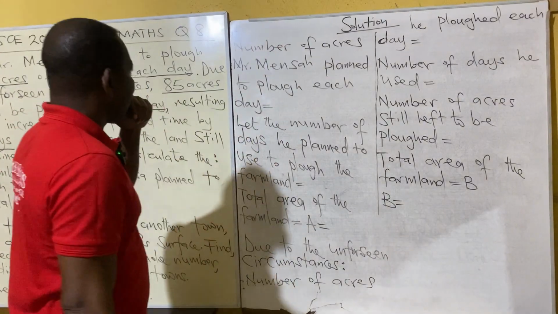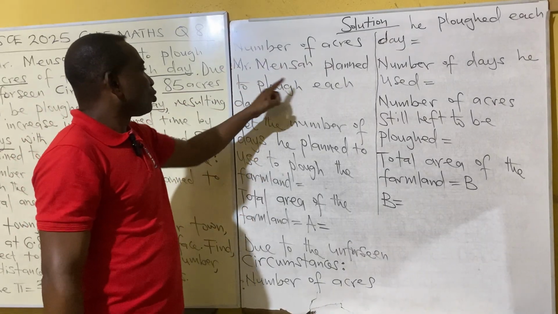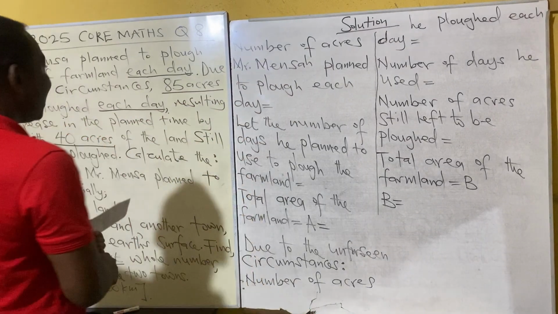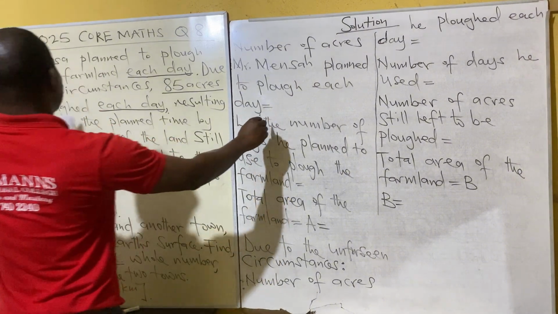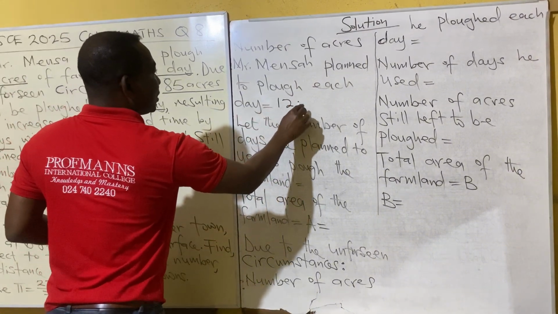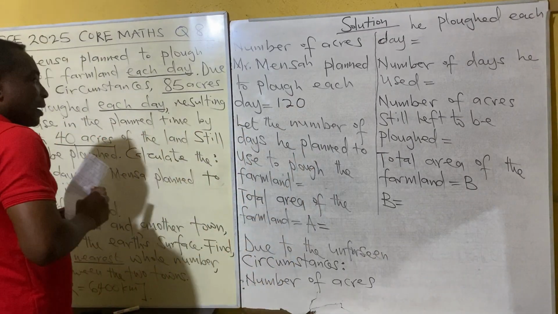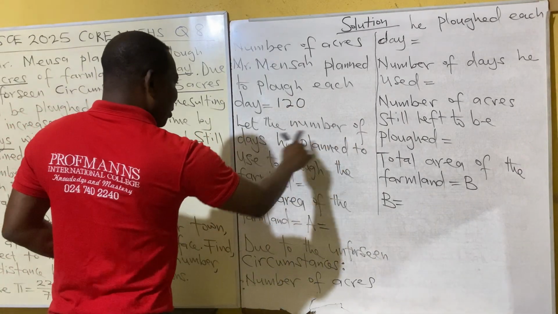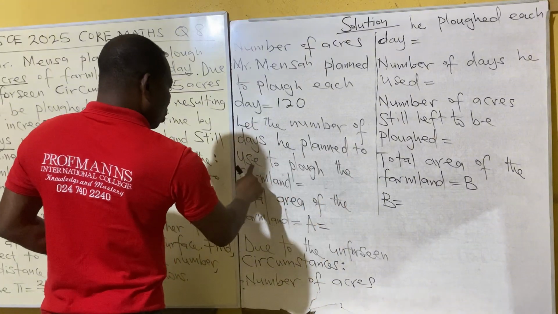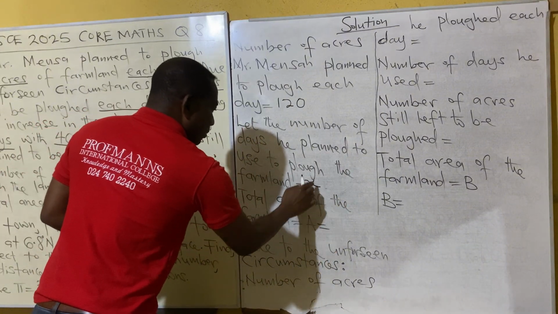Solution. The number of acres Mr. Mensah planned to plow each day initially is 120 acres. Now, let the number of days he planned to use to plow the land equal x.